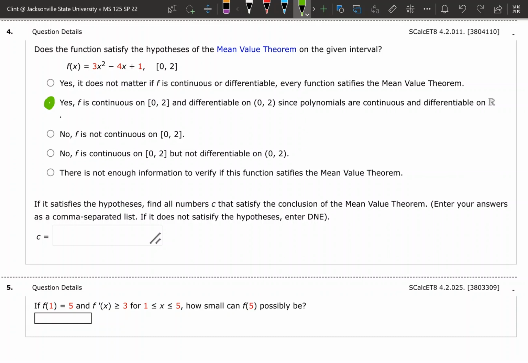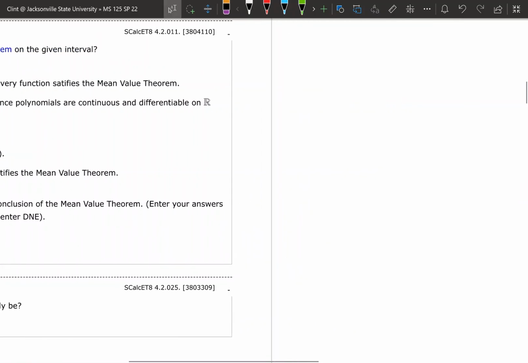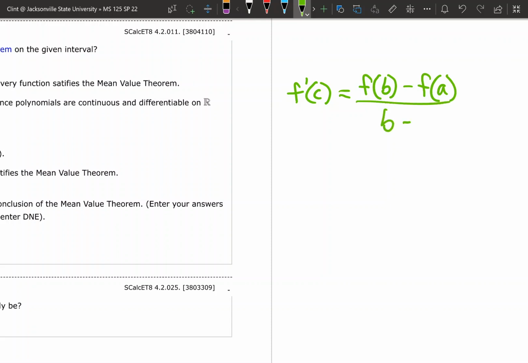So now we want to find a C value that matches the mean value theorem. So I will give you the reminder. So I'll say the mean value theorem applies. It means there's a C value in the interval such that this. So I'll give that to you.